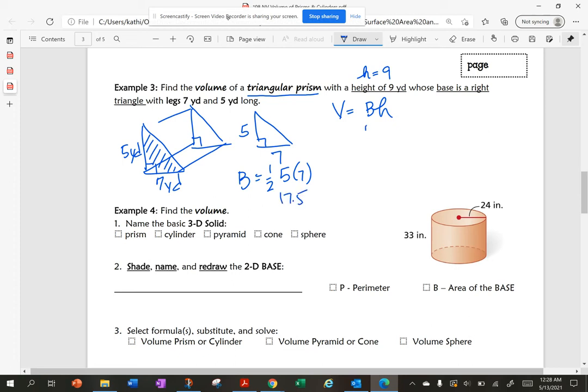So area is 17.5, and my height, it says, is 9. So 17.5 times 9. My volume is 157.5 yards cubed.